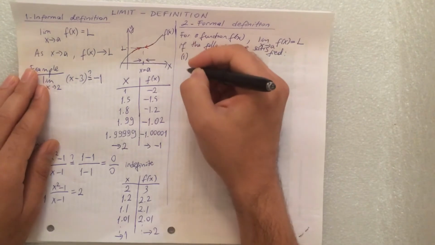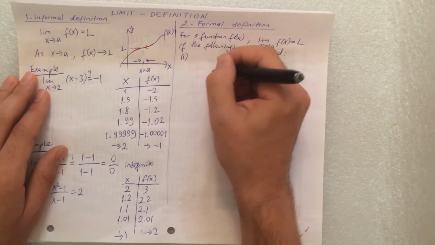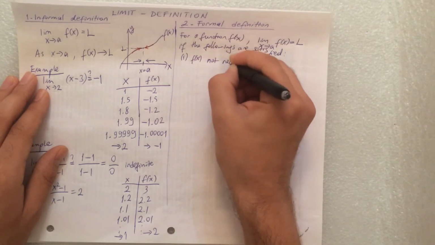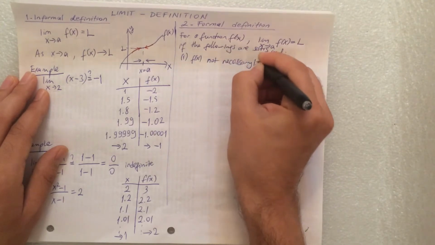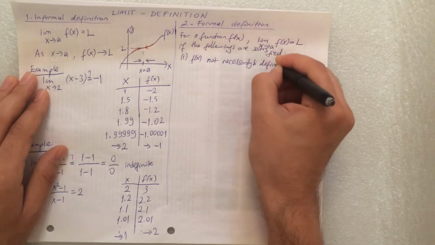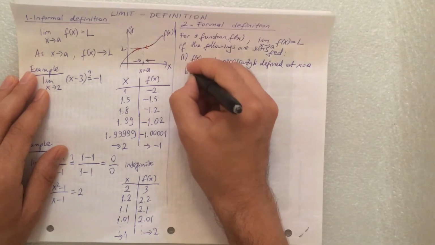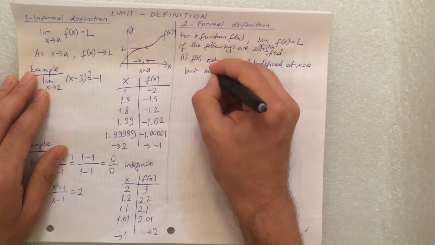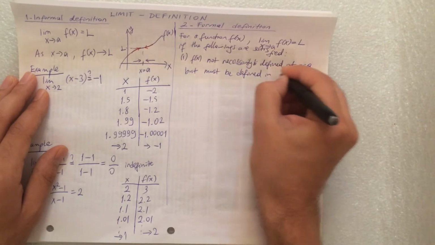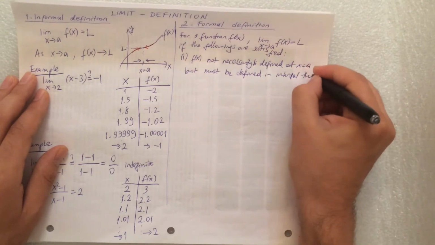One, f(x) is not necessarily defined at x is equal to a. But it must be defined in an interval that contains a.